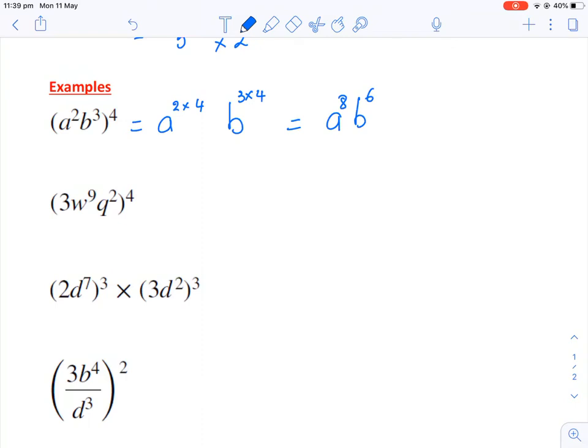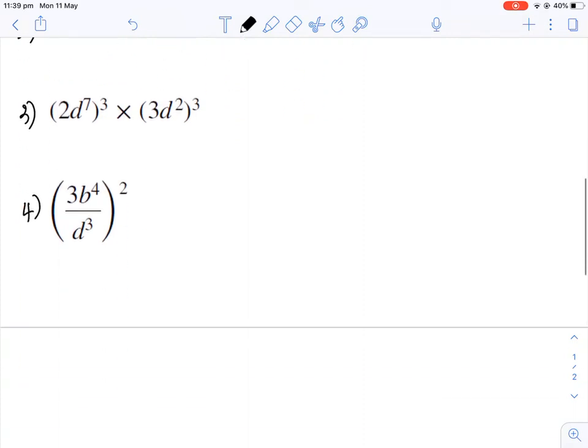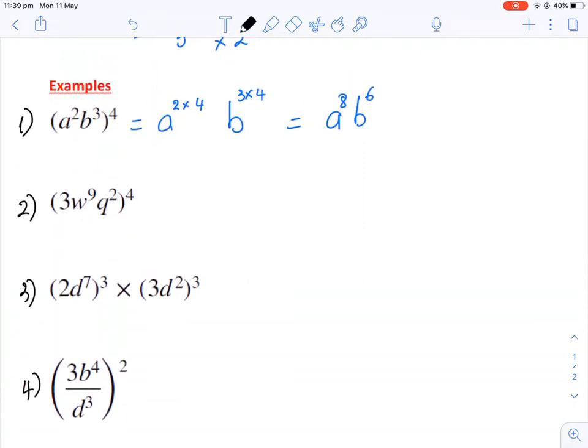Move on to example 2. We will have 3 W to the power 9 Q squared and everything in brackets to the power of 4.